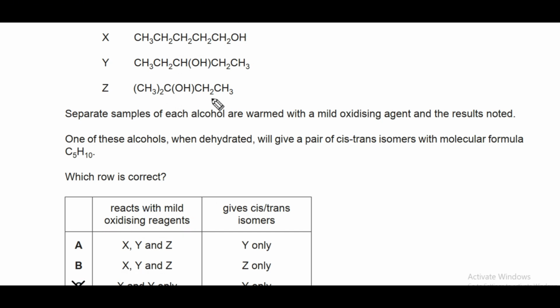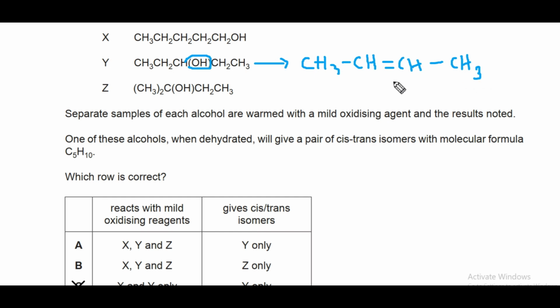Why? Because when Y is dehydrated, this OH group leaves and 2-butene will be formed, which can form two cis-trans geometric isomers.